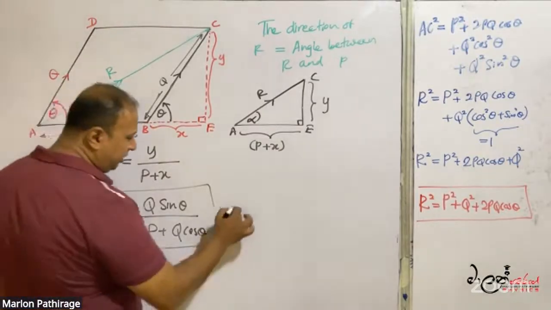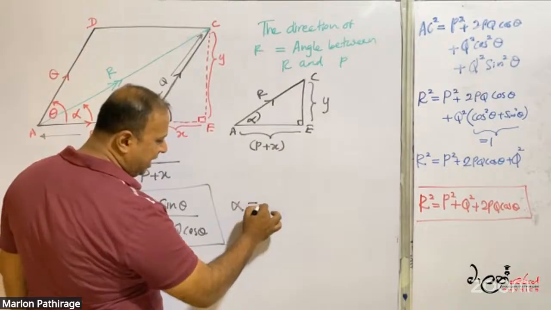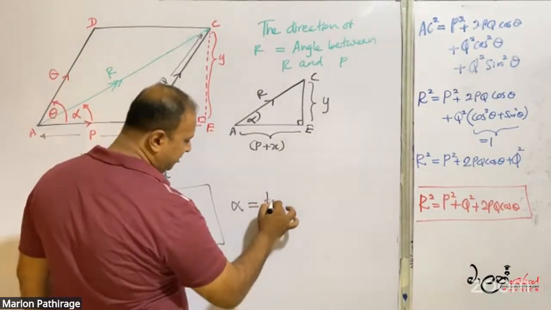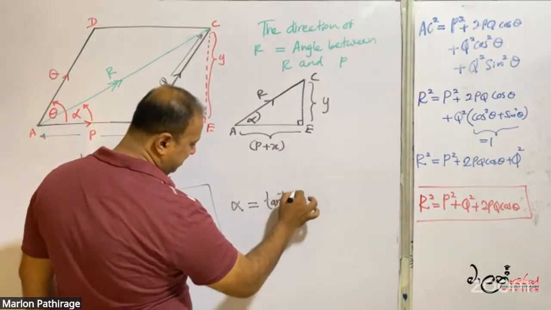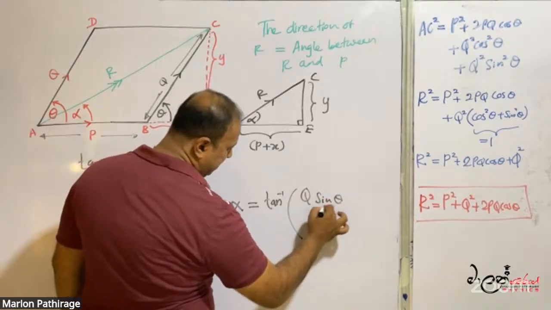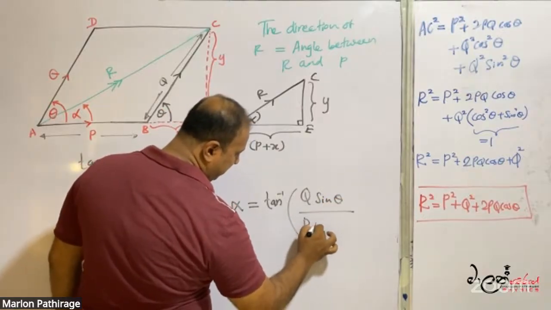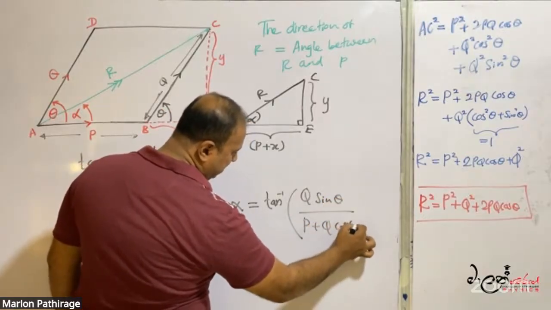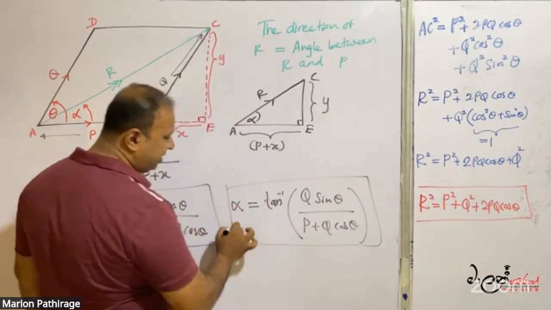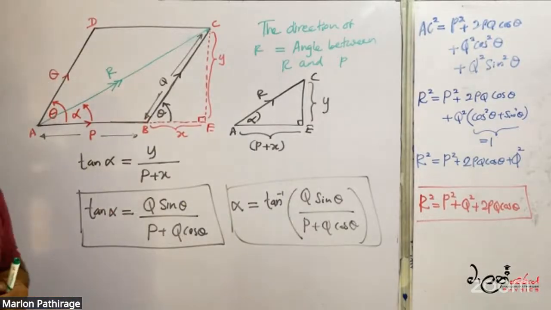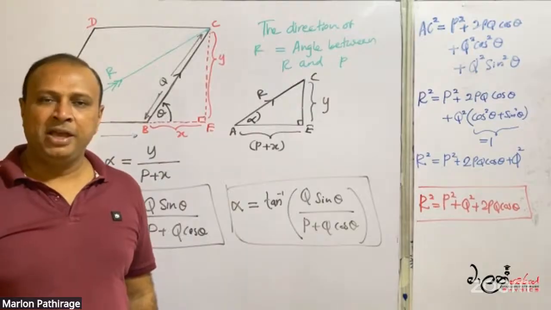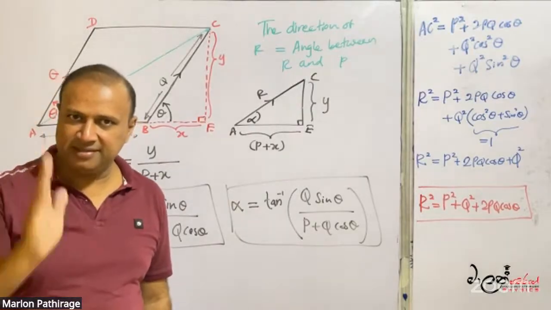If you want to determine the angle, alpha is equal to tan inverse of q sin theta over P plus q cos theta. So this is the direction. If you got that one, please raise your hand.